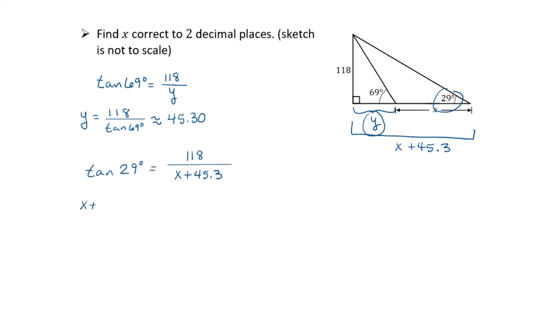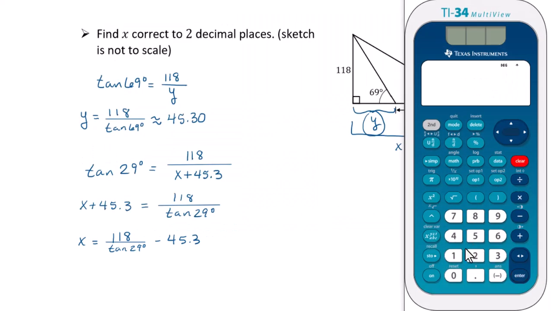I'll have x plus 45.3 equals 118 divided by tangent 29 degrees. Now I just need to subtract 45.3 from both sides, and we'll put this into the calculator.